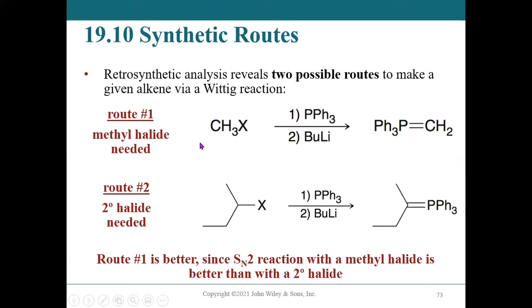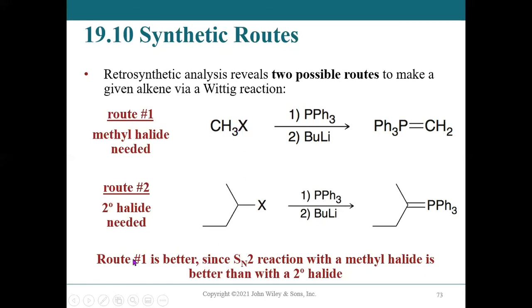In route 1, we need to install the CH2 group, so we're thinking of using methyl halide. In this reaction, the first step is nucleophilic attack, and SN2 is obviously better if you have a methyl halide.